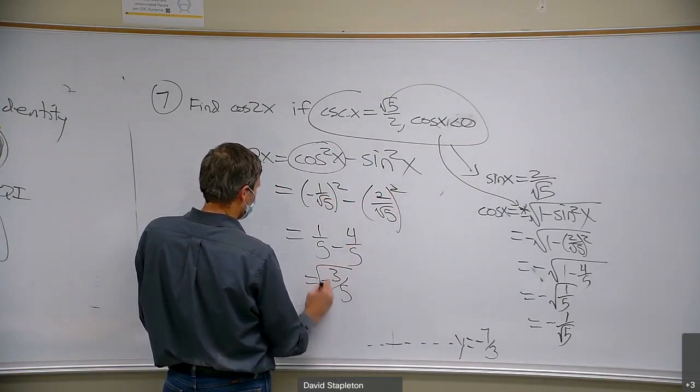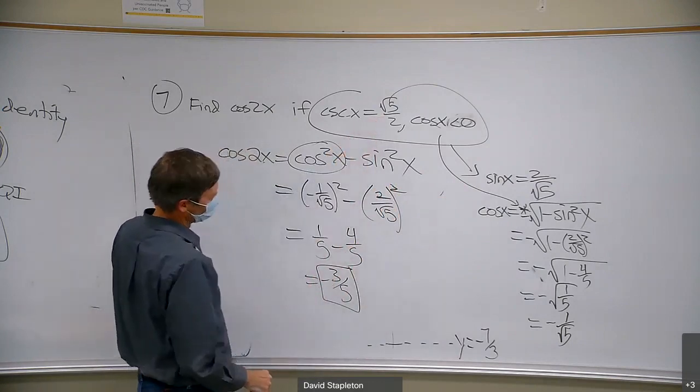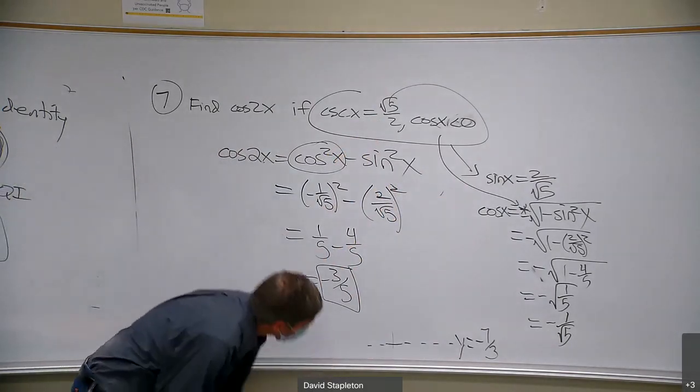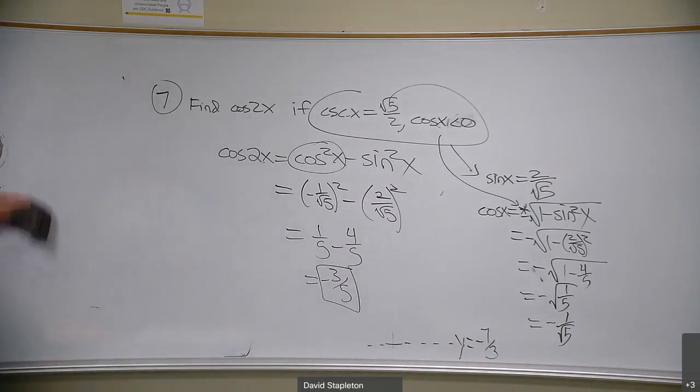So nice fraction. How about that? Despite that nasty square root here, it went away. That should be exactly minus 3/5. Any questions on that one? Is it all good?